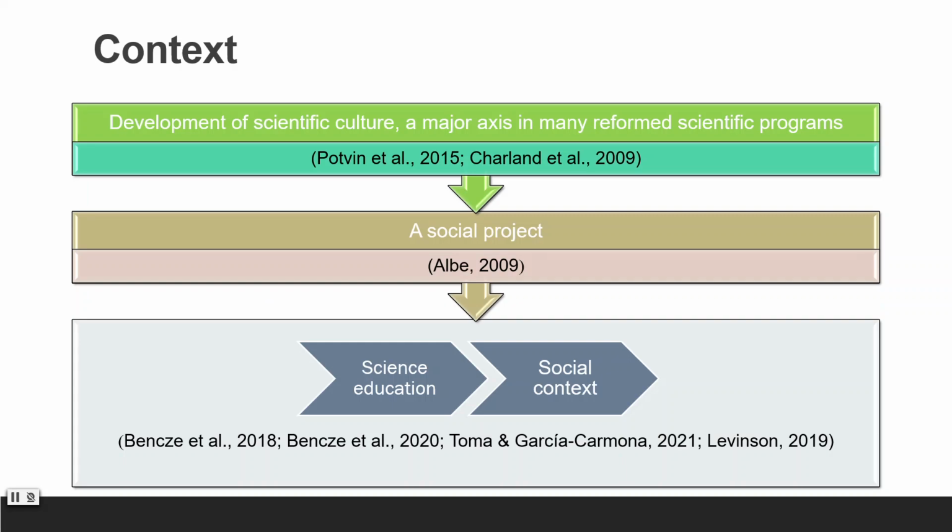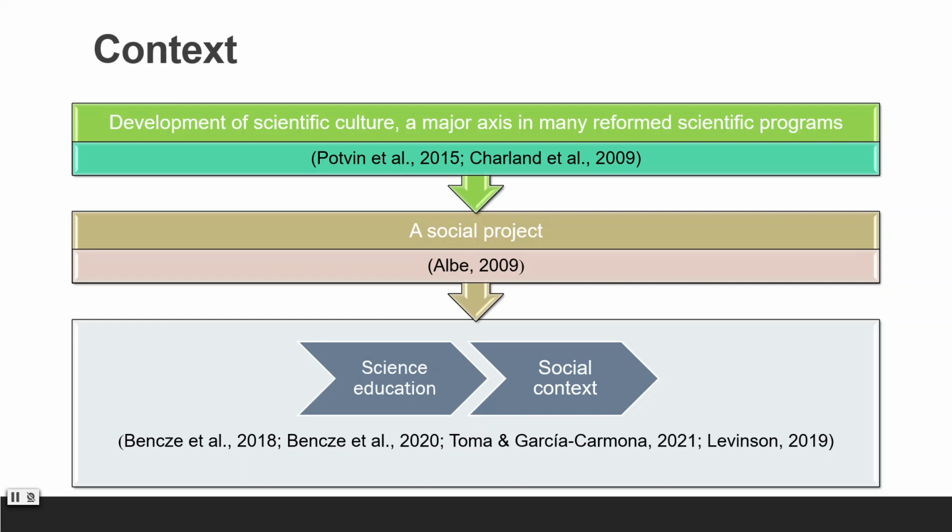Relative to the context, we can add that science teaching, which is at the center of concerns in several education systems, guarantees a scientific culture to students. In this way, the development of scientific cultures is a major axis in many reformed scientific programs.